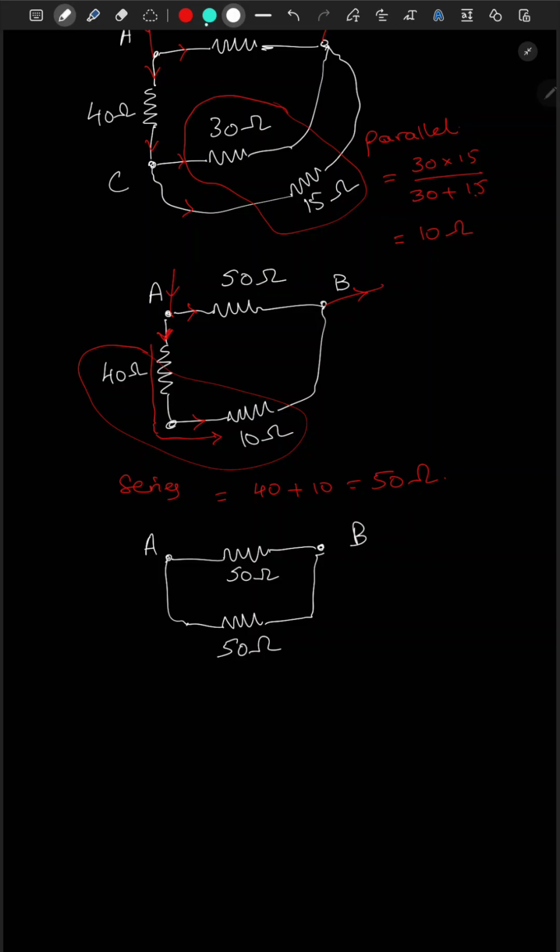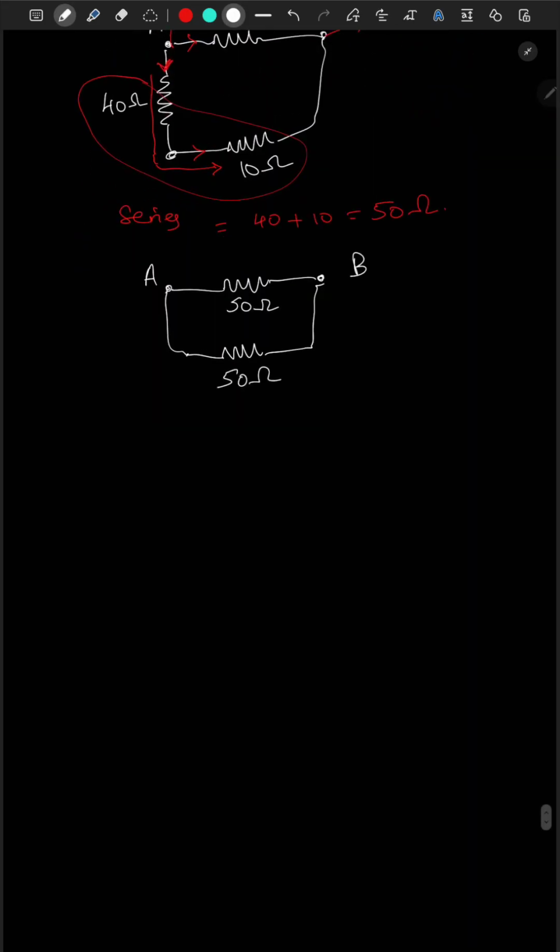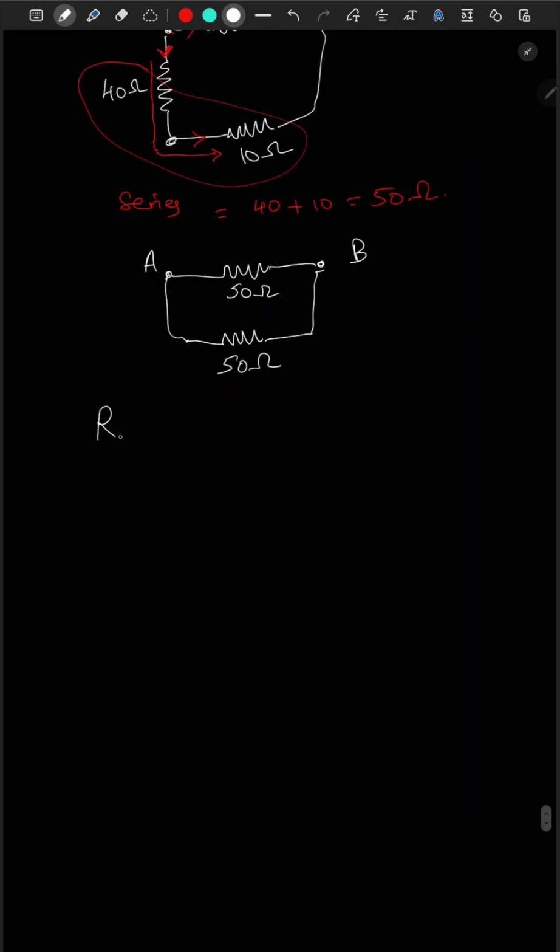Now these two are in parallel, so we can just write it down that RAB, the resistance between these, they are in parallel, so it is this product divided by the sum, and this will give you 25 ohm resistance.